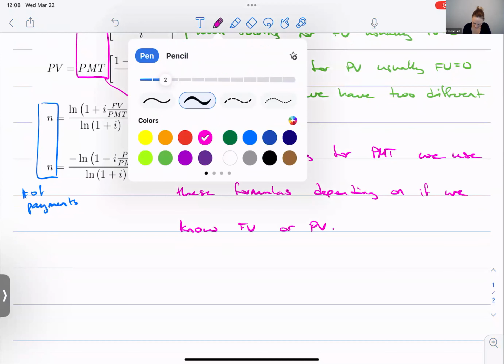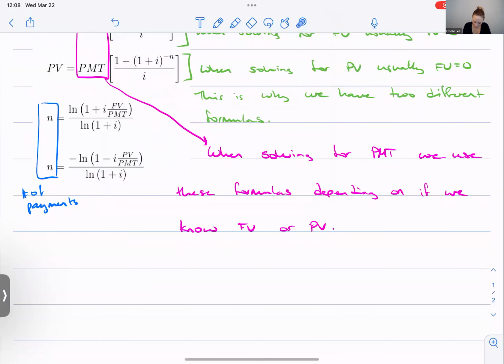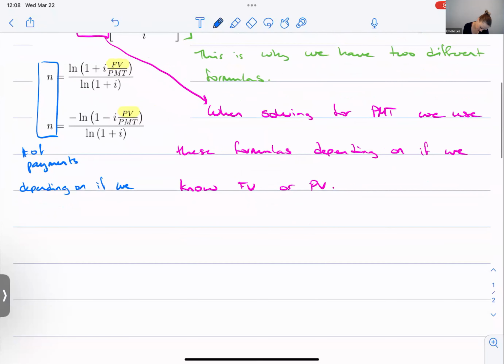And again, if we're solving for the number of payments, the only variable that's different in each of these, besides the layout, is whether you have the future value or the present value. So the number of payments, depending on if we know FV or PV.